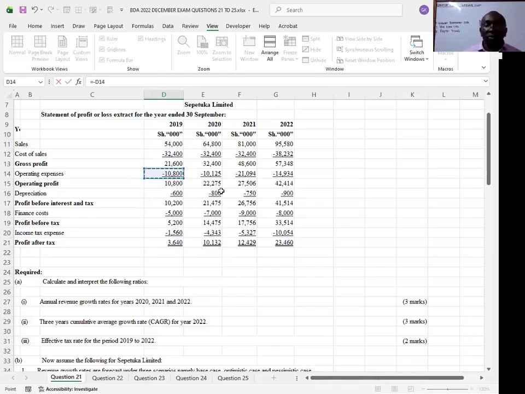We have said equals, tumeweka negative. Then you click on the operating expense for 2019, then you divide by the revenue of 2019. When you divide by that revenue of 2019, now press enter, tell me what you're getting.